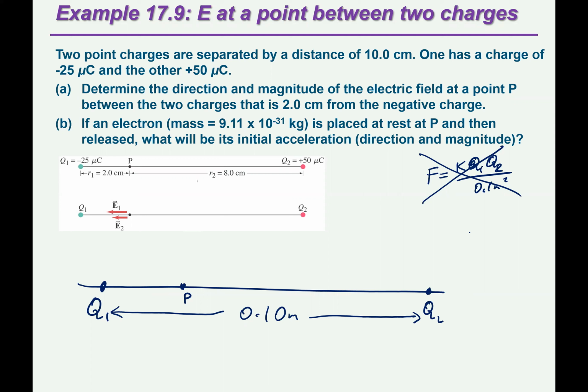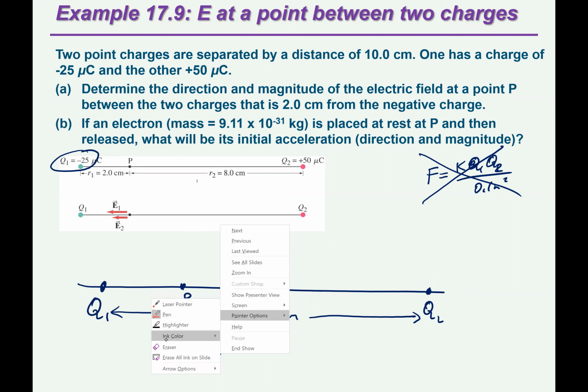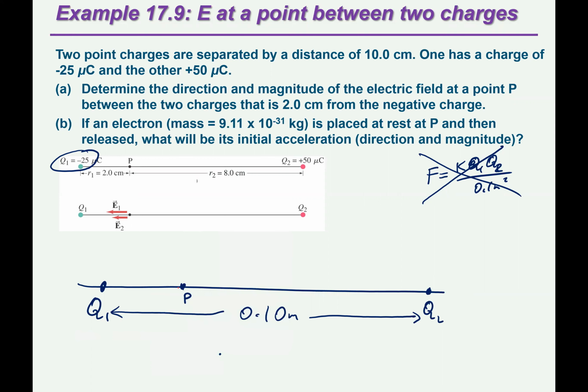When I look at the electric field due to Q1, Q1 here is negative, negative 25 microcoulomb. That means the electric field due to Q1 will be pointing toward Q1. It will be in this direction, E1.